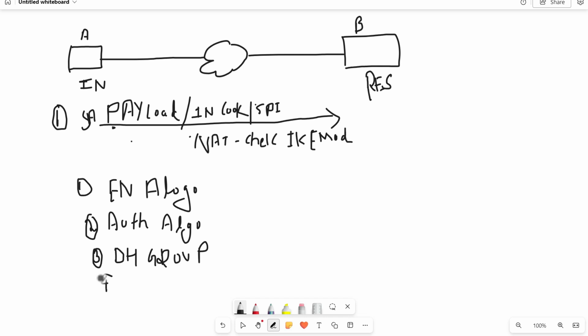And the fourth, authentication method, auth method. And now the fifth will be the lifetime, and by default it is 86400 seconds.